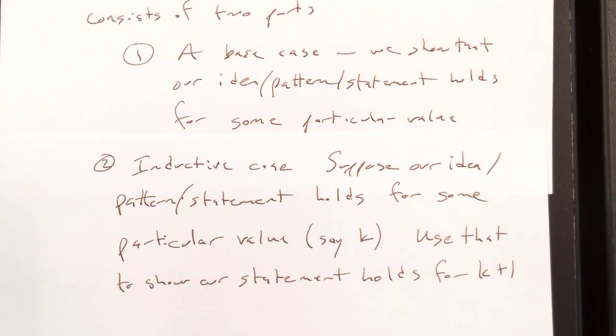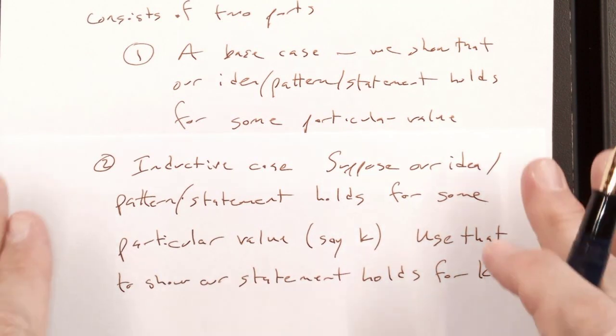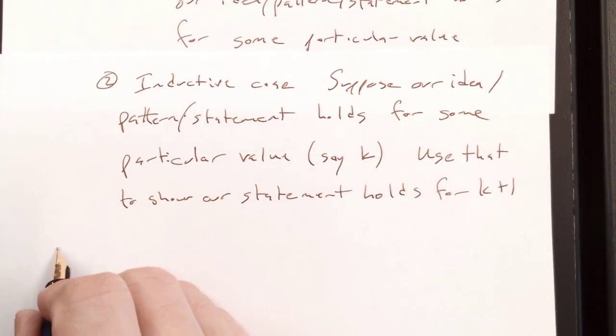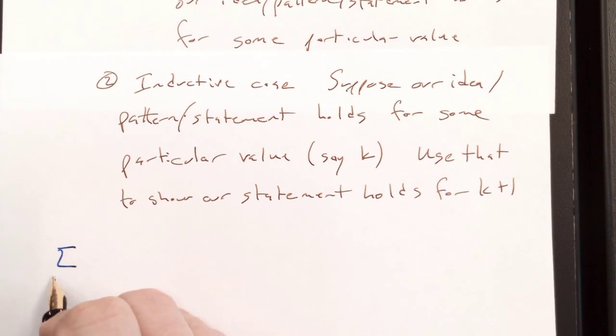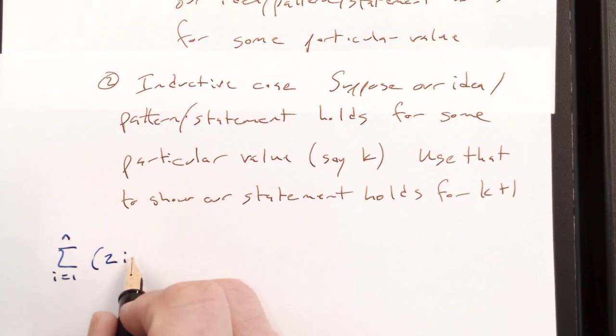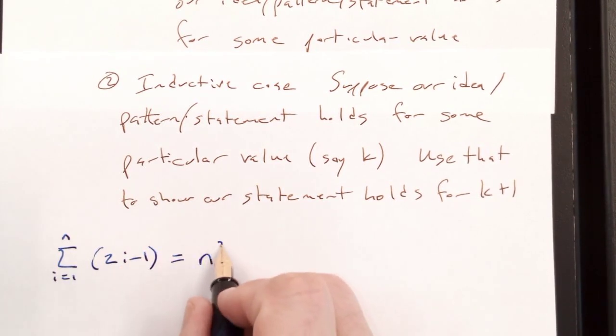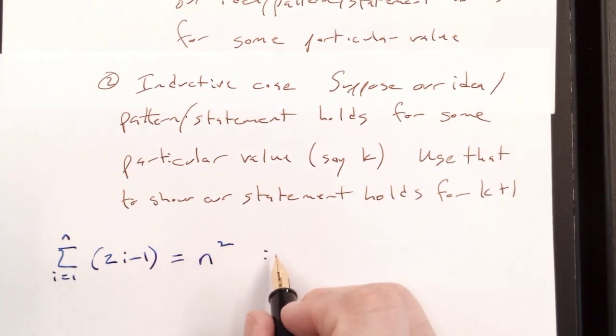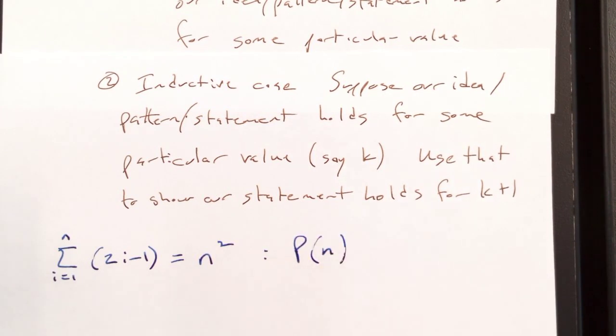So, writing a proof by induction means first I have to have a pattern, something I hope is going to be true, and I'm going to give that a name. In our case, we're going to call that a propositional function.